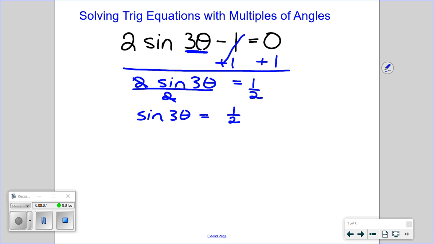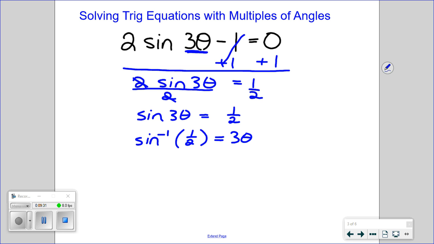We're still going to use our inverse trig function, but this time the input is 3 theta and the output is 1/2. So when we switch our input and our output, we'll get inverse sine of 1/2 equals 3 times theta. Now we're going to go ahead and evaluate our inverse trig function. So we're going to think back to our unit circle.